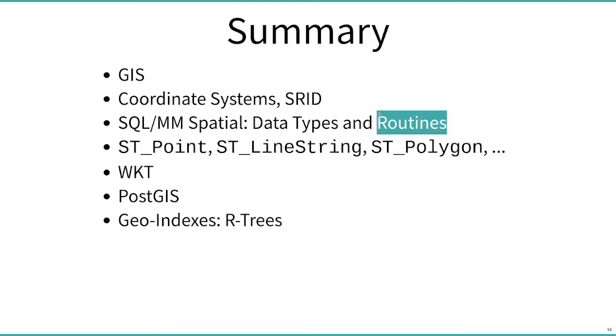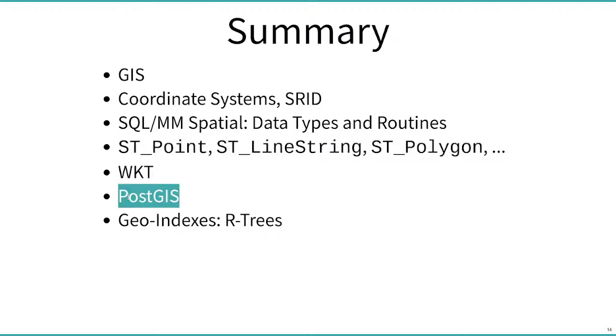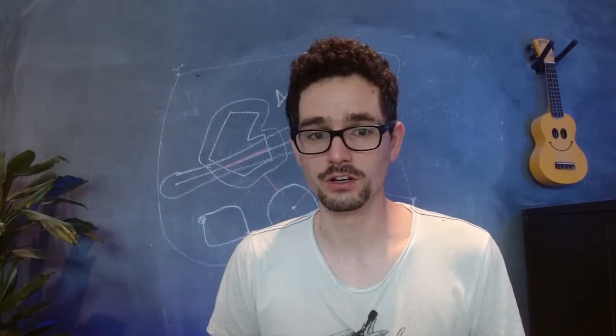And the SQL spatial standard offers routines to work with this data. We took a look at WKT, the well-known text format, to define and construct such elements. And in the end, we took a look at geoindexes, which are used to make efficient queries on geodata.